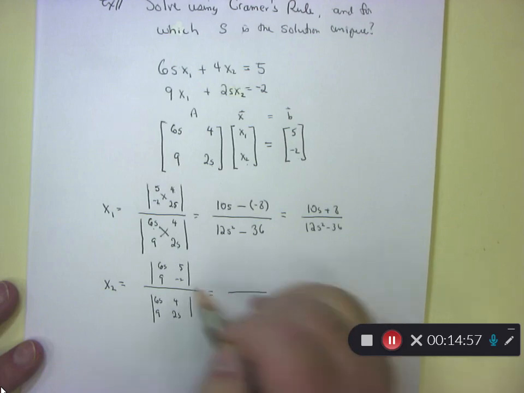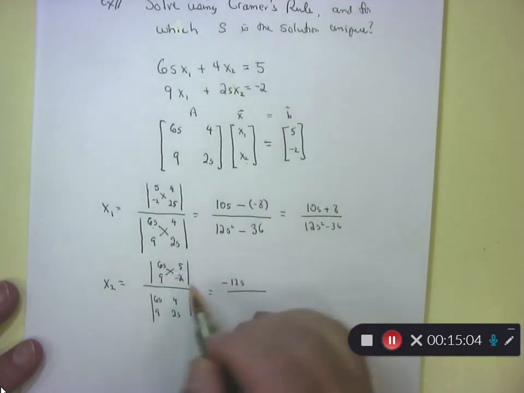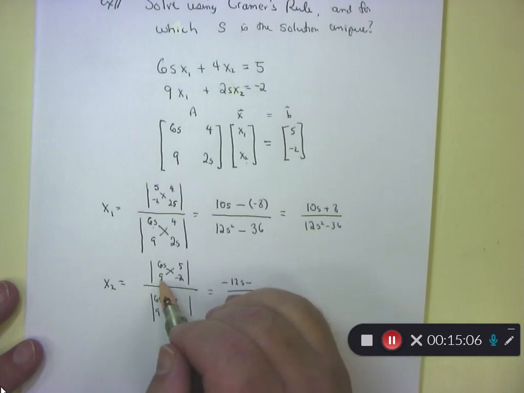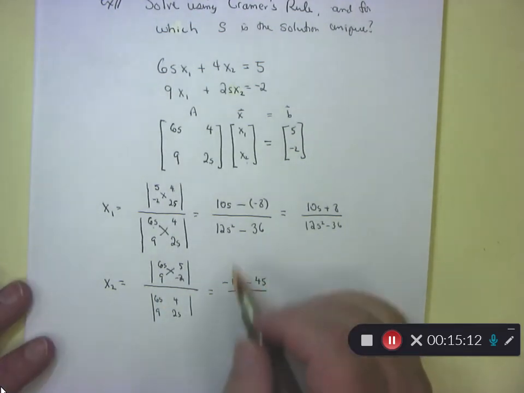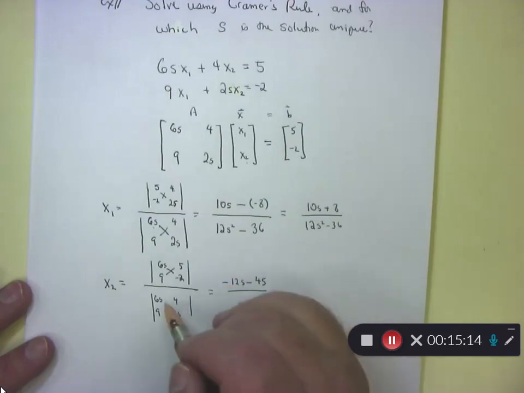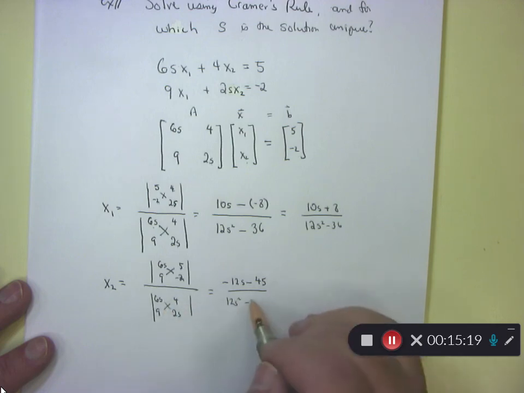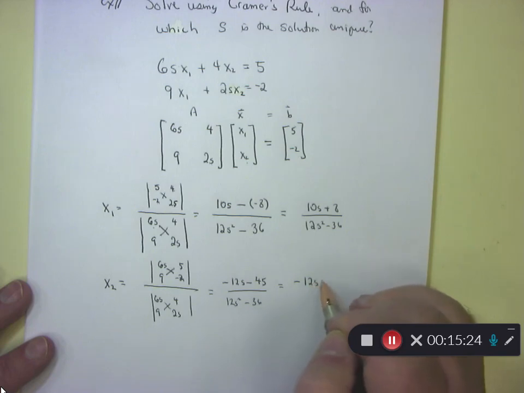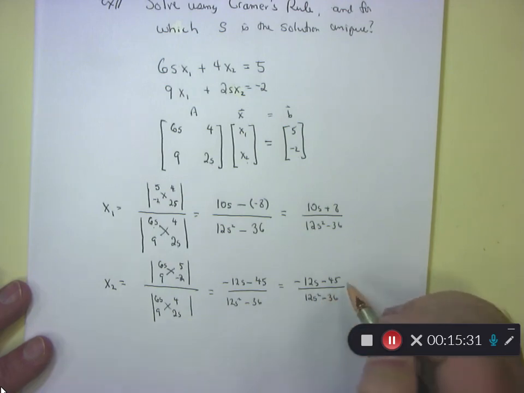And so now, 6s times a negative 2 is a negative 12s. Minus 5 times 9 is what? 45? Okay. Over, now I've already done this guy, just in case you wanted to know, it is 12s squared minus 36. So I end up getting negative 12s minus 45 divided by 12s squared minus 36.